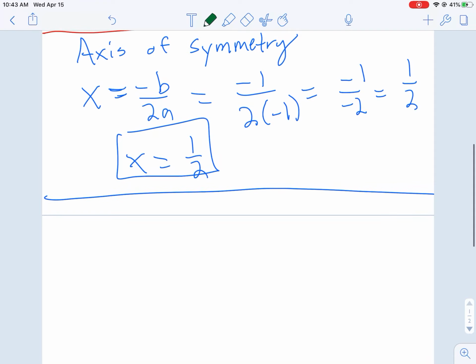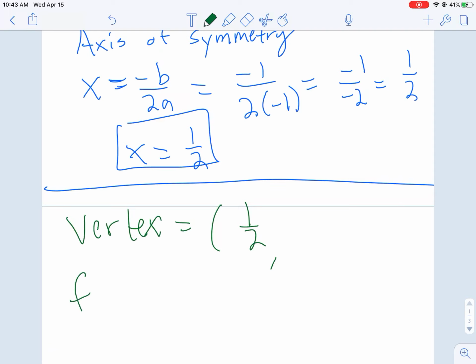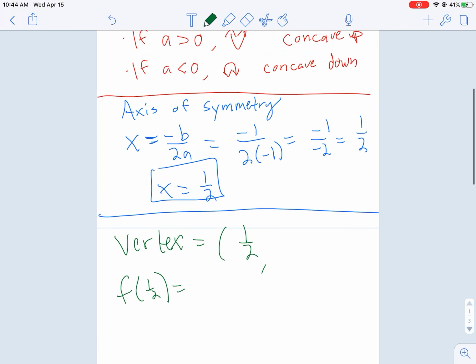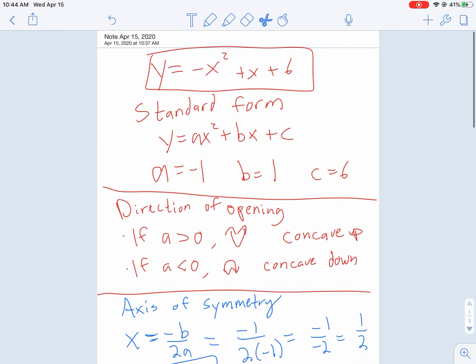Next is the vertex. The vertex, once you've found the axis of symmetry, is going to be that x value, 1/2, comma, what happens when you do f of 1/2. So this is function notation. What happens when we plug in 1/2 into our equation? Well, our equation is here. I'll go ahead and copy it.